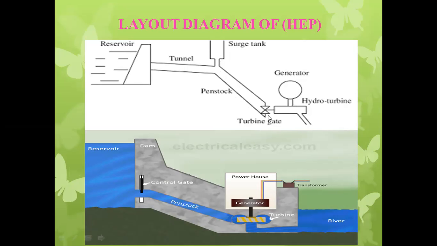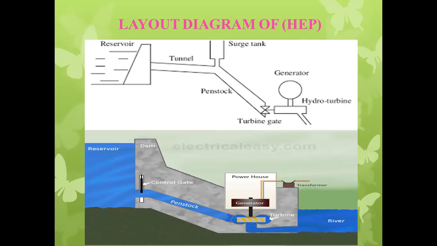In order to reduce the water hammering effect, the surge tank is used. The answer for why we use the surge tank is to reduce the water hammering effect. Whenever the turbine gate is closed, water inside the penstock creates pressure on the walls of the penstock.